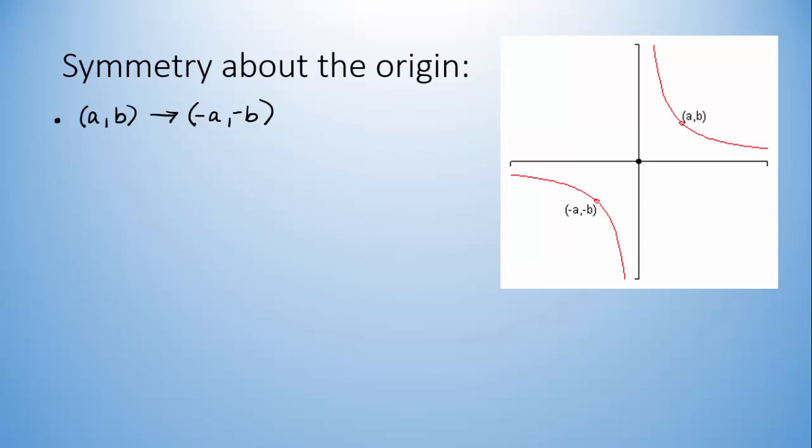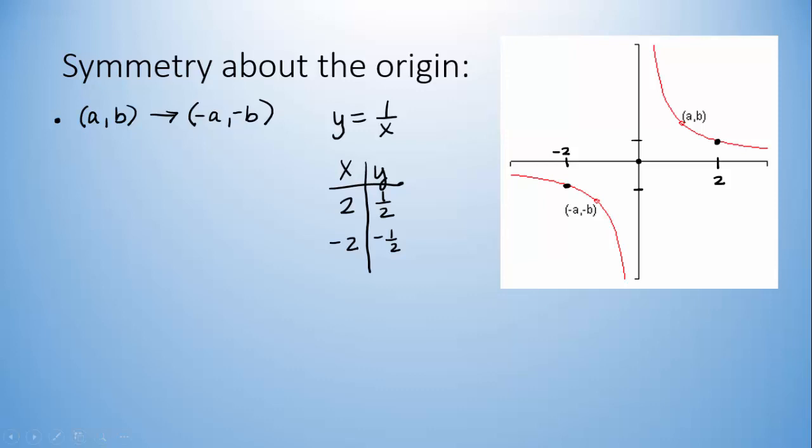So if I tell you that this is the graph of y equals 1 over x, all right, so let's say when x is 2, y is 1/2. Well, if that's true, then (negative 2, negative 1/2) must also be on the graph. Let's see if that makes sense. Let's say this is (2, 1/2) right here. So if we go over here to negative 2 and we go down similar amount, here it is.